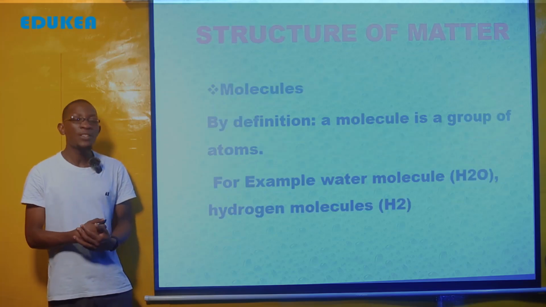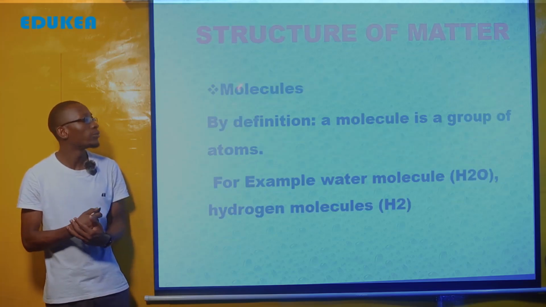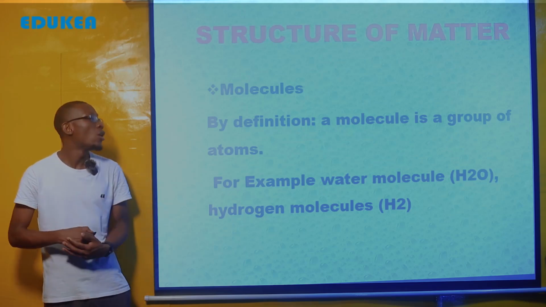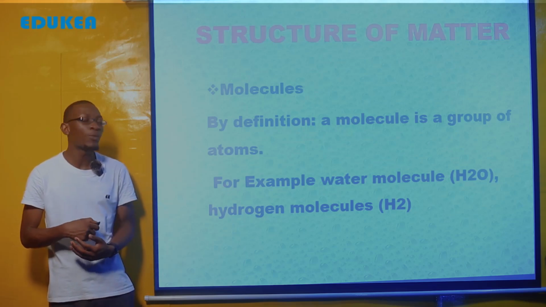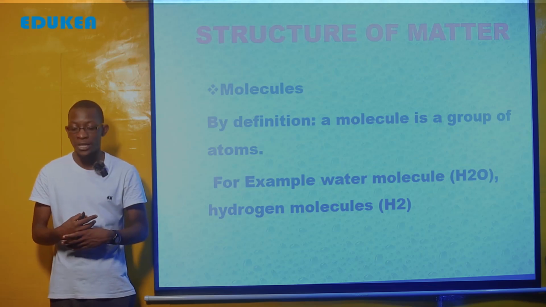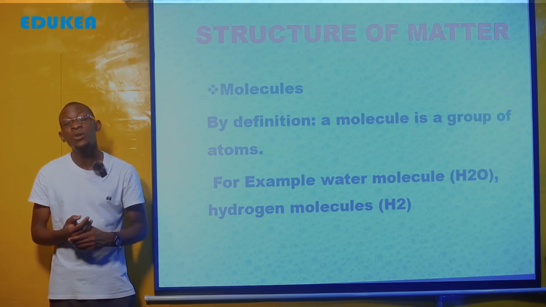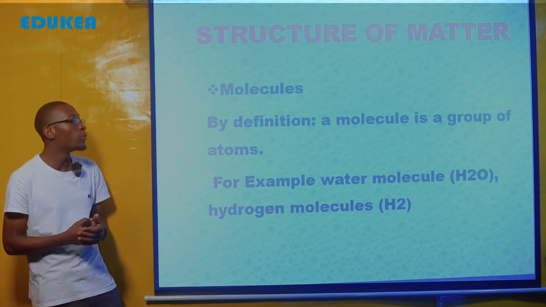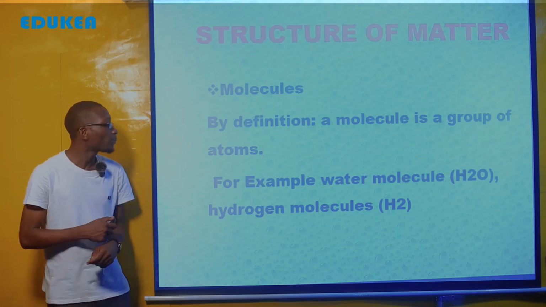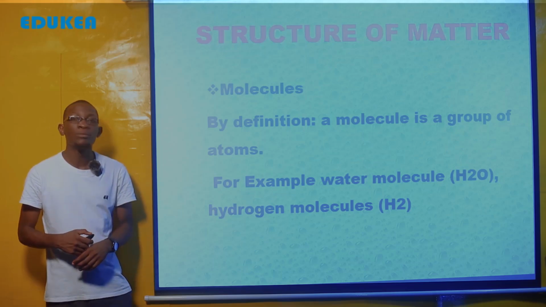There is also something called a molecule. By definition, what is a molecule? A molecule is a group of atoms, and a group of atoms is what we call a molecule. For example, water molecules.